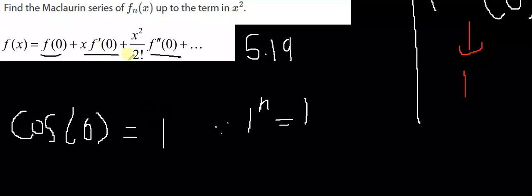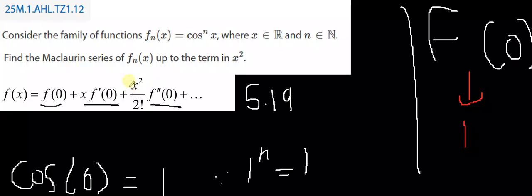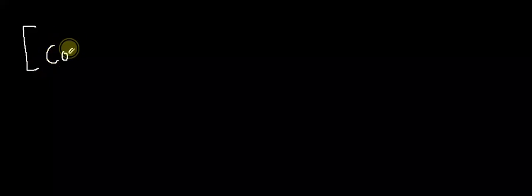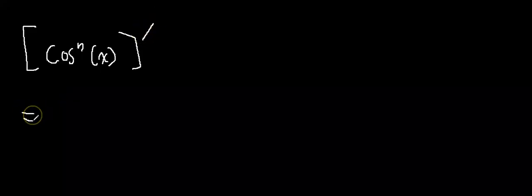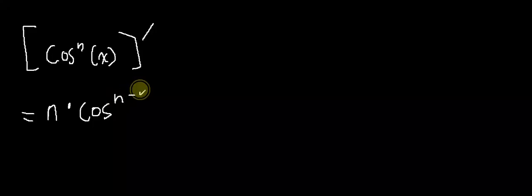Now we need to find f prime of cosine to the n of x. And here we can use the chain rule. So let's just rewrite this: cosine to the n of x. First we're going to do two chain rules, and first we're going to do the power chain rule. So f prime would be equal to n times cosine to the n minus 1 of x.